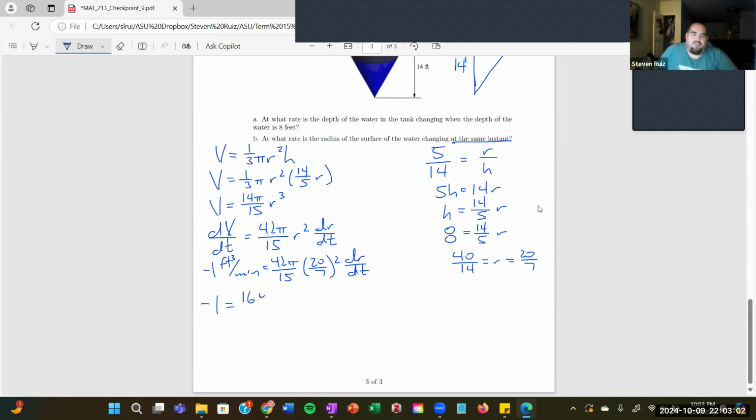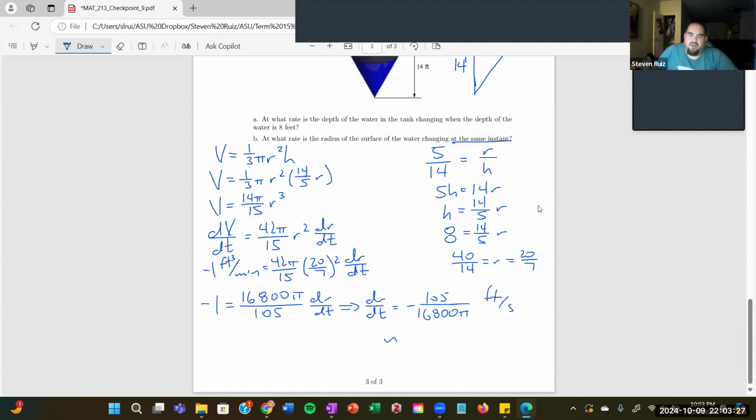So 16,800 pi over 105 dr/dt, which means that dr/dt is equal to -105 over 16,800 pi feet per minute.